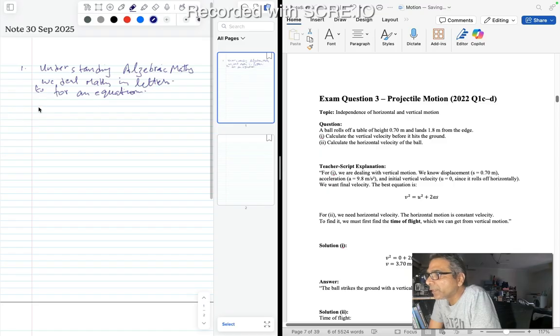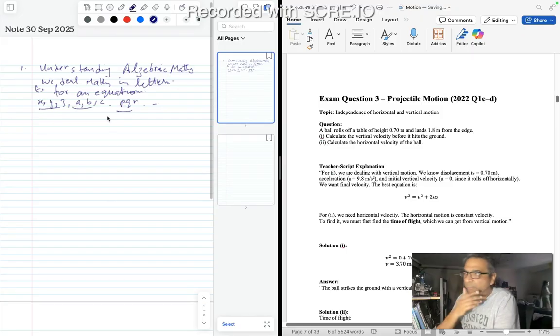We will be using x, y, z, a, b, c, p, q, r, and so on. So these are the main letters that we use in algebraic expressions.